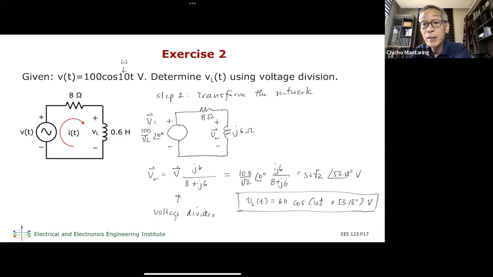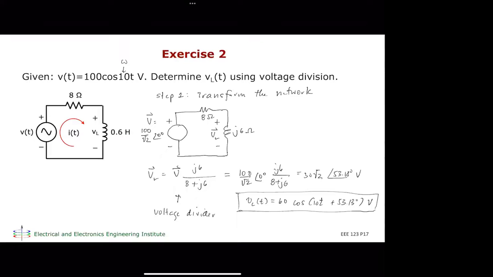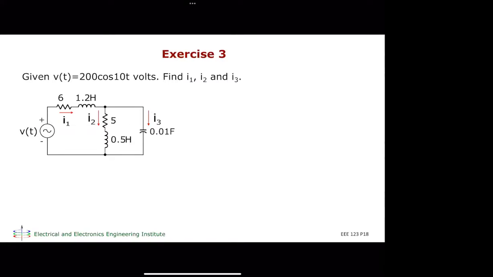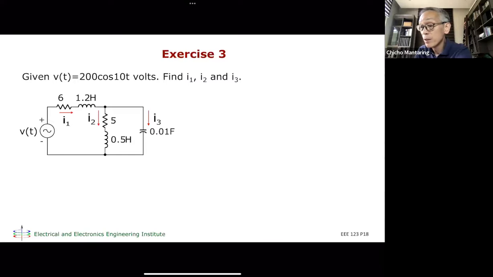Any question, Albert? Is it okay? Yes po. Okay. Sige. Another example. Given this, v_s(t) 200 cosine 10t, find I1, I2, and I3. Find I1, I2, and I3.